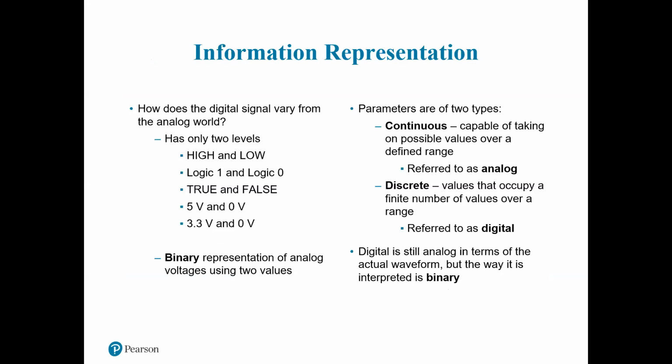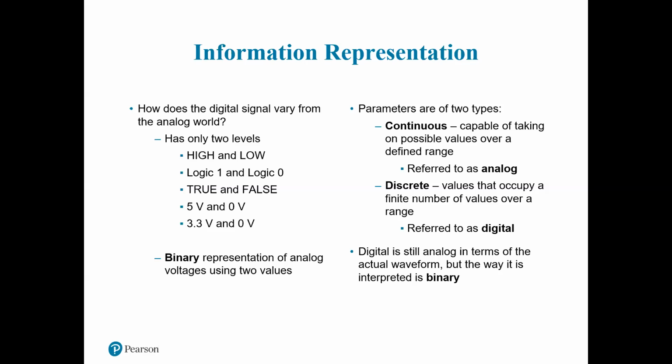Information is represented either digitally or as analog. An analog representation is a waveform. It's continuous, capable of taking on possible values over a defined range, whereas digital is discrete. It's values that occupy a finite number of values over a range. And while digital is still analog in terms of the actual waveform, it is interpreted as binary.